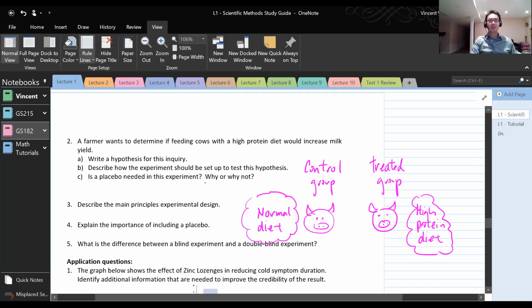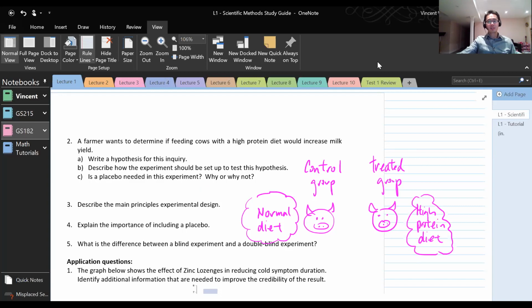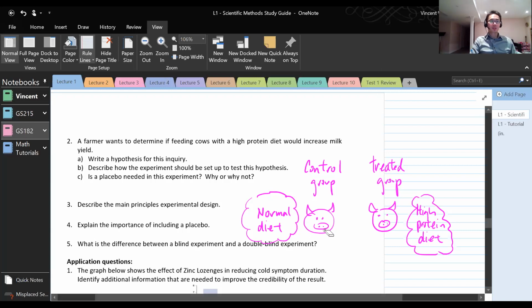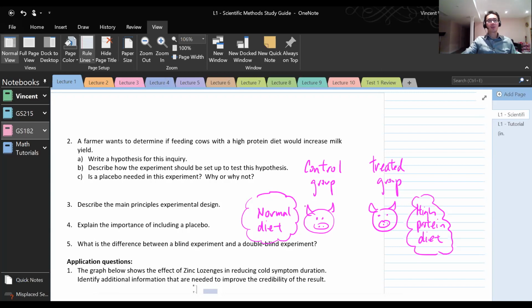Is a placebo needed for this experiment? Do we need to have a third group? Do we have to have some placebo, some cows in placebo group? Why or why not? No placebo. Okay, why do we not need placebo? Because they're cows. That's right. Because they're cows. Okay, no humans. You only need placebos for humans, right, to account for bias and psychological effects, right?